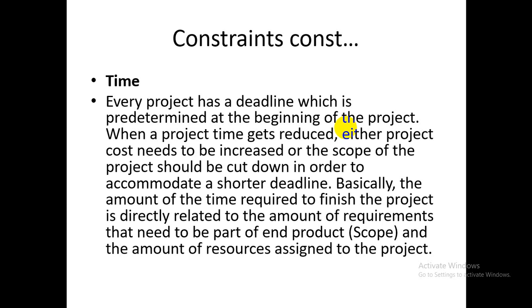That's why we are saying that when a project's time gets reduced, either the project cost needs to be increased, or the scope of the project should be cut down in order to accommodate a shorter deadline. I think that one I've already explained.